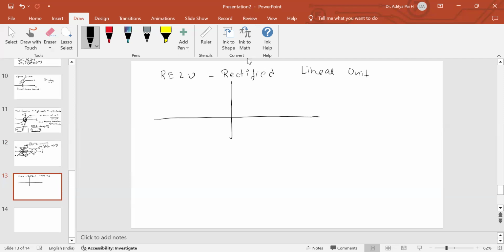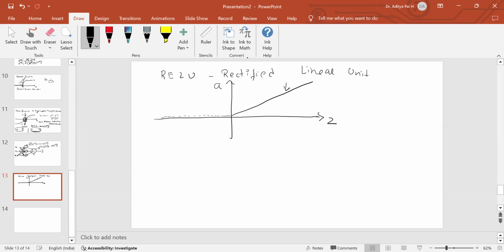Here this is my z and this is my a. Even if the input is slightly negative, like -0.0001, the output will be tending towards 0, and the moment it is positive, you'll get a sharp line like this.